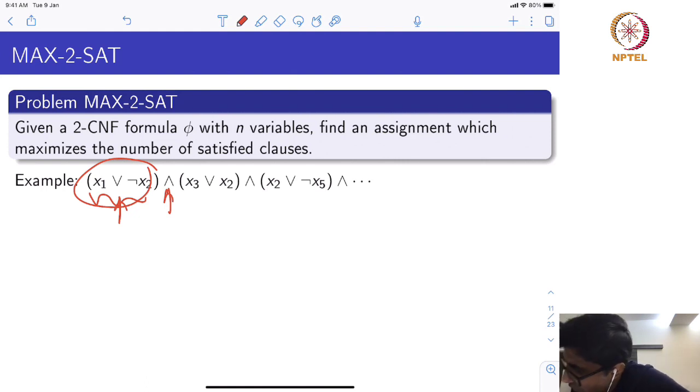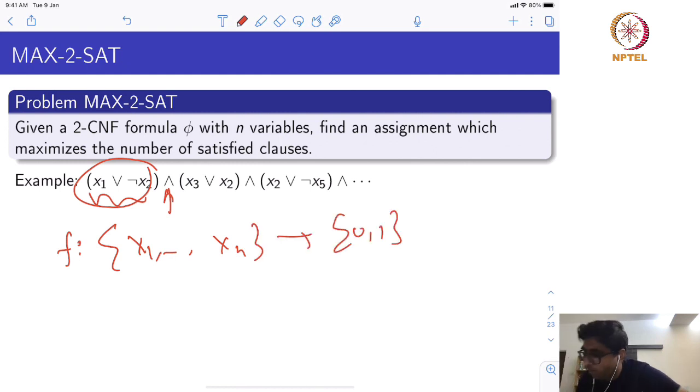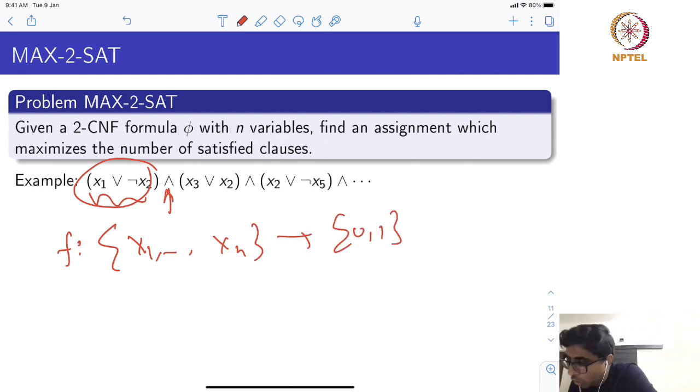You want to find a function from the variables x1 to xn, if you have n variables, to 0 and 1, and a clause is satisfied if, for example, x1 or not x2: if x1 is assigned 1, then this clause is satisfied. So if any one of the literals is set to 1, then the clause is satisfied.